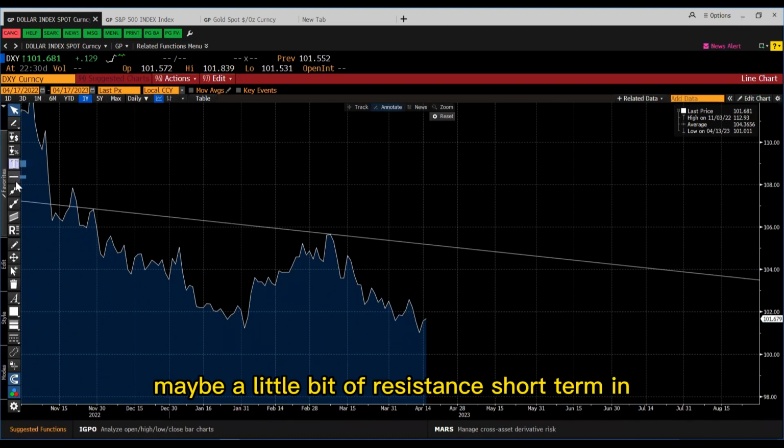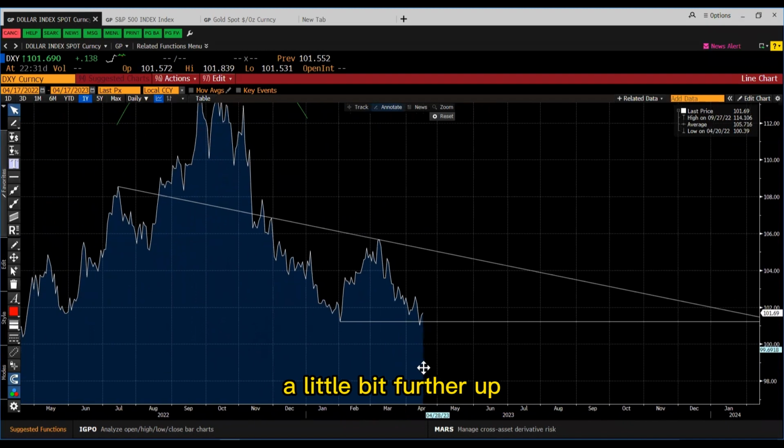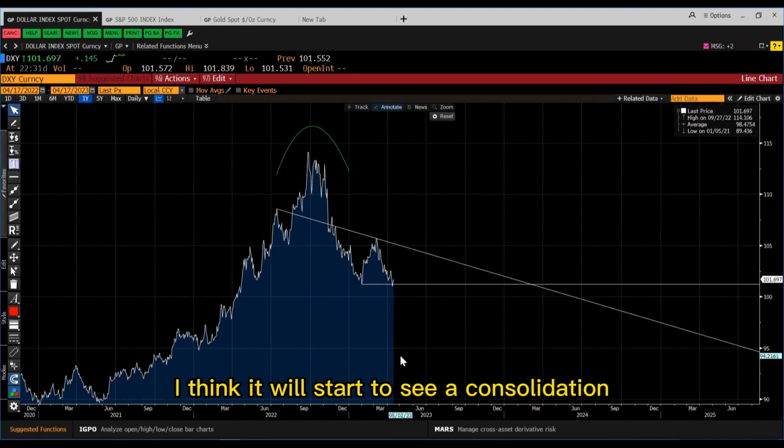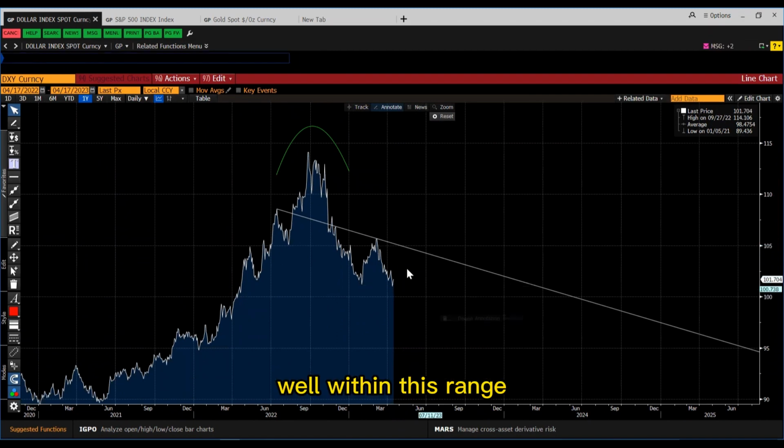So if we look a little bit closer, we can see here maybe a little bit of resistance short term in around this level. It did close lower than this 101 level, but maybe now rising a little bit further up. But look, over the long term, I think we'll start to see a consolidation, but look for it to be well within this range.